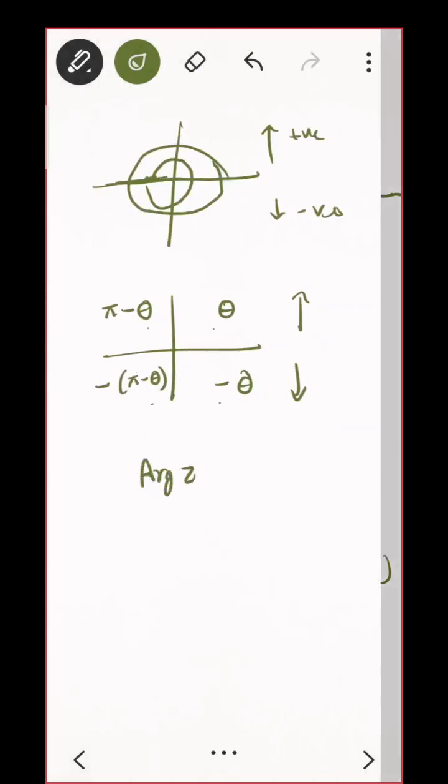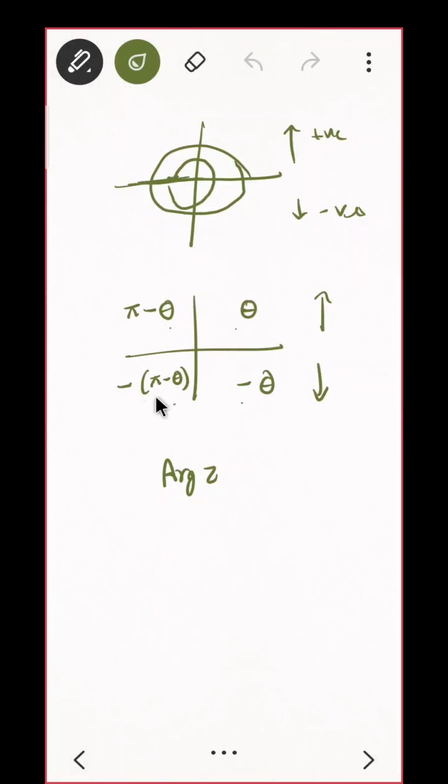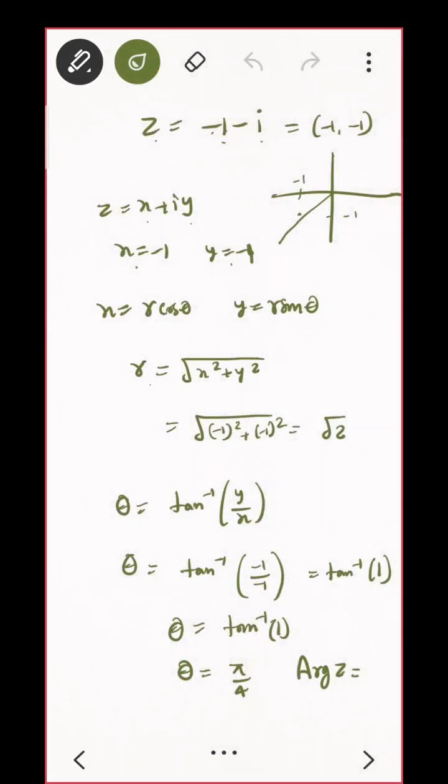Do you see the thing? What is there in third quadrant? Minus of pi minus theta. So what will this be? Minus of pi minus theta.